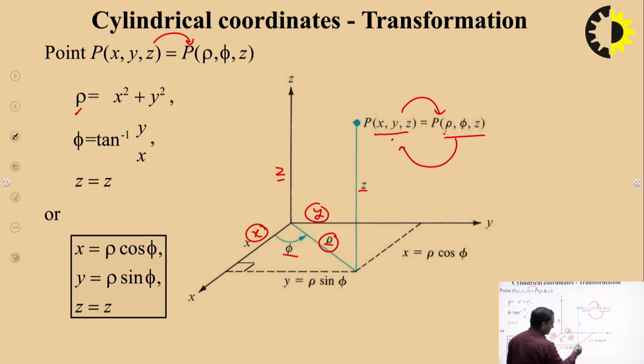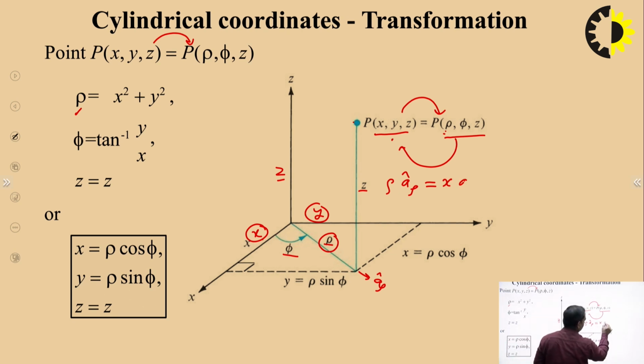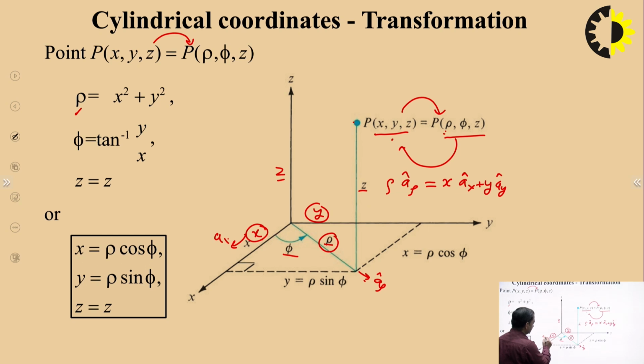For example, rho is in the direction of a rho, so we can write a rho is equal to the resultant of x and y, so x ax plus y ay, right? Rho is equal to x in the direction of ax, y in the direction of ay.